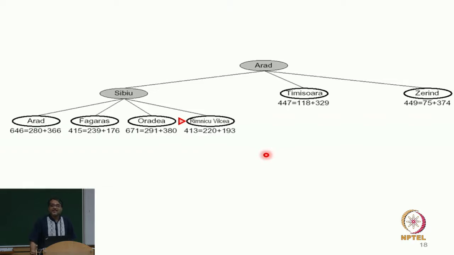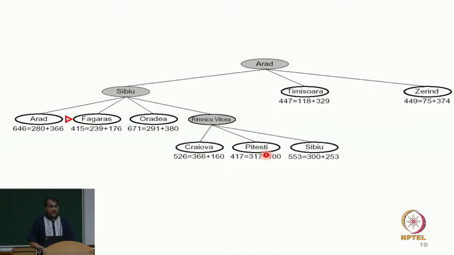You should plan your vacation in Romania now that you are so familiar with its map. And I am going to pick the node which looks the best for now, right. It could be Timisoara, or it could be the child of Arad, or it could be one of the children of Sibiu, right.